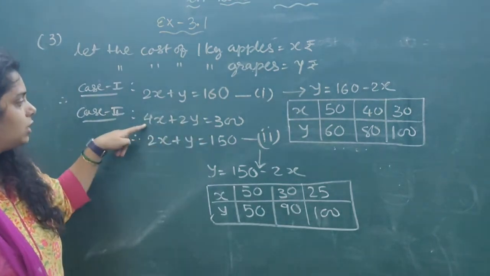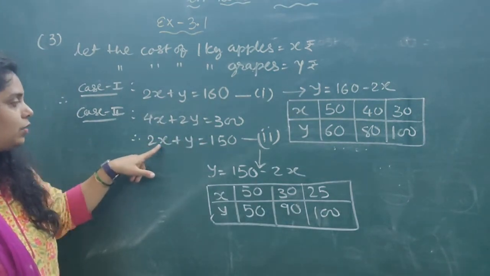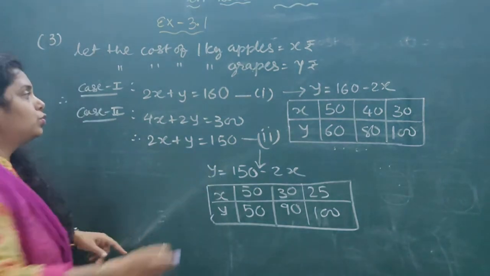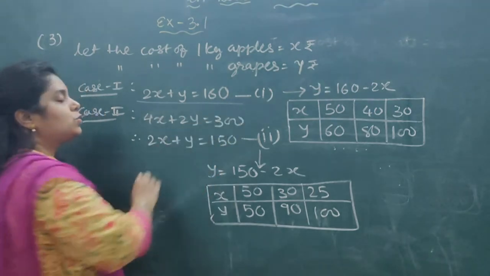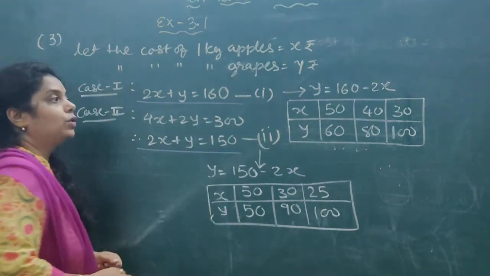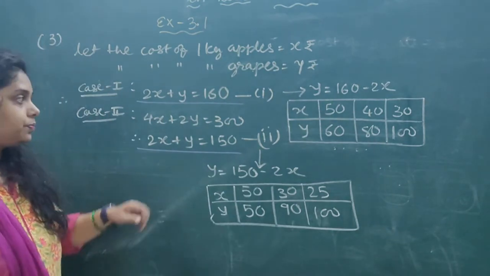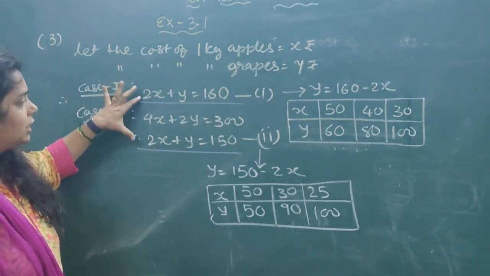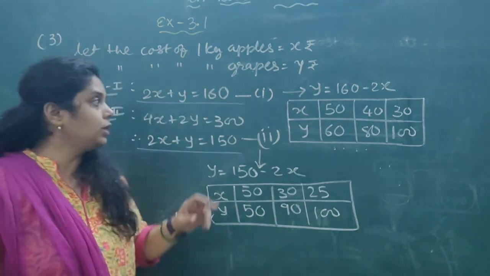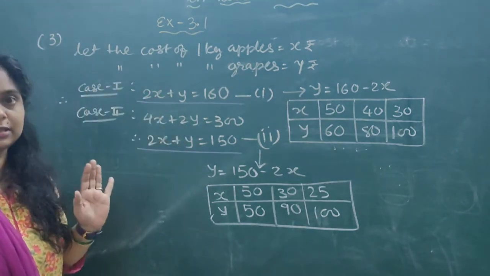So here I will take out 2 as a common factor. So finally I got 2x plus y is equal to 150. So here the two main equations are 2x plus y is equal to 160 and 2x plus y is equal to 150. As you see here, left hand side 2x plus y, 2x plus y. Okay, so here the left hand side is the same.